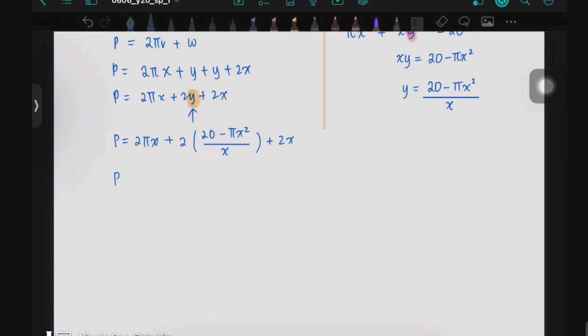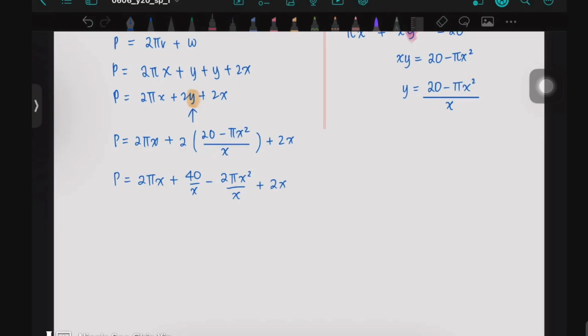So we expand it out: 2 pi x plus 40 over x minus 2 pi x squared over x plus 2x.